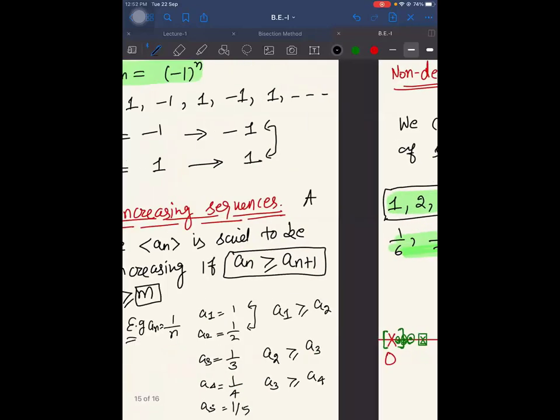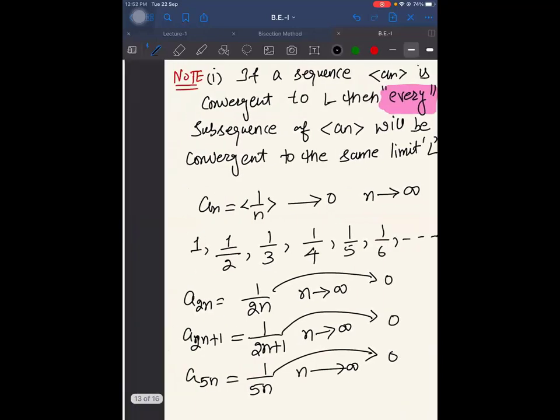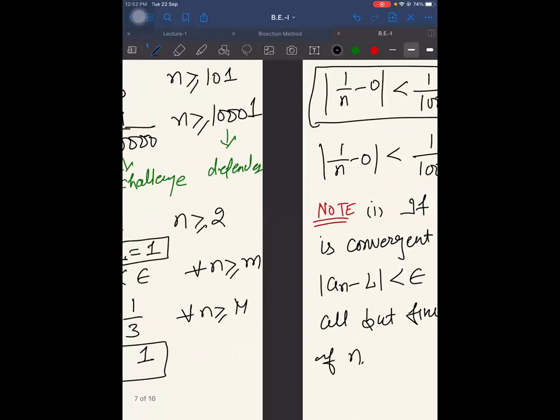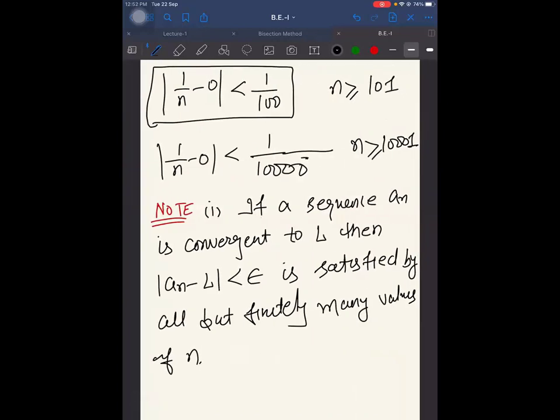Even in the last lecture, when I mentioned that only finitely many terms are leaving, if you read it another way, it only means that the tail has to be convergent.